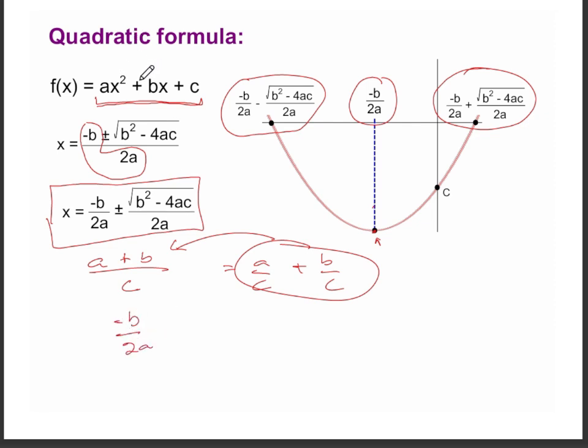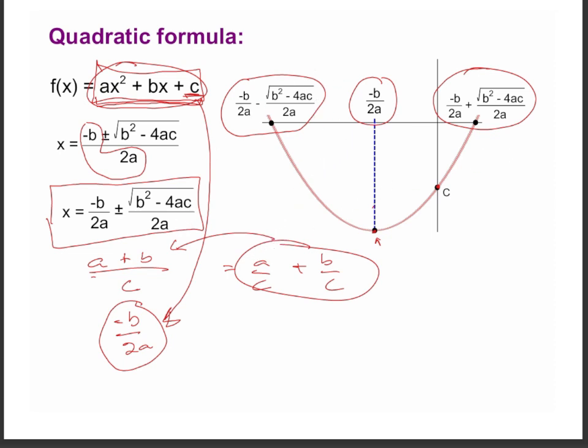So whatever your b and your a are from your original quadratic equation, you can use them to get the coordinates of your vertex. Then to get your y coordinate, you put that -b over 2a into your original quadratic equation. And finally, we know that our y-intercept is always the independent term from your original quadratic equation. That's how the quadratic formula is used.